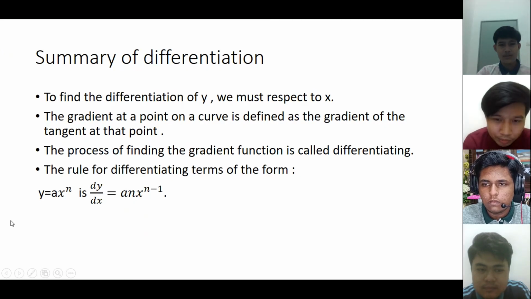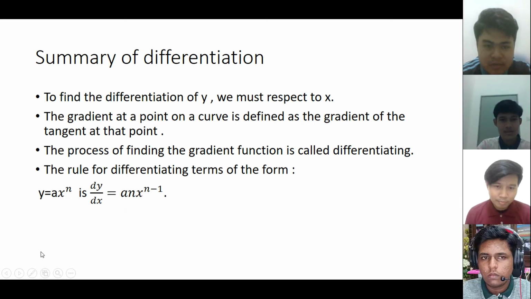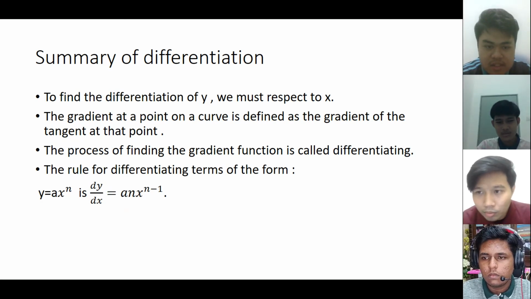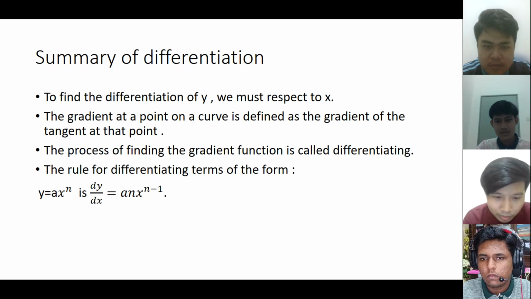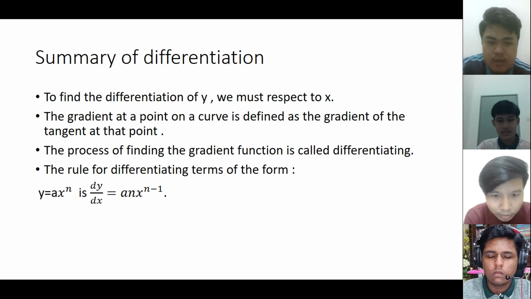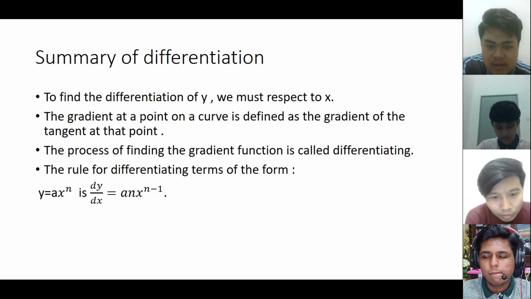So the summary of differentiation, can you tell us what it is, Fauzan? So the summary of differentiation: first, to find the differentiation of y, we must do it with respect to x. The second one, the gradient at a point on a curve is defined as the gradient of the tangent at the point.